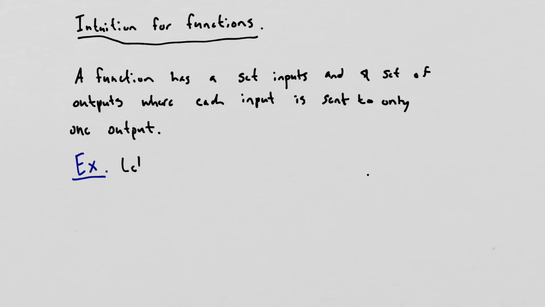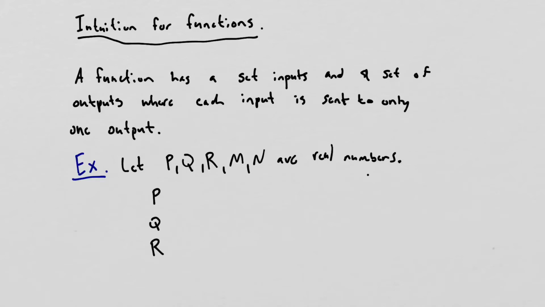Assume that P, Q, R, M, and N are real numbers. In this first scenario, let P, Q, and R be our inputs, and let M and N be our outputs.